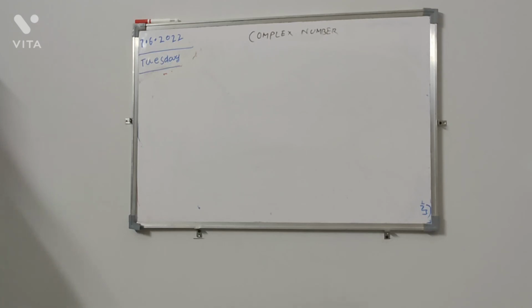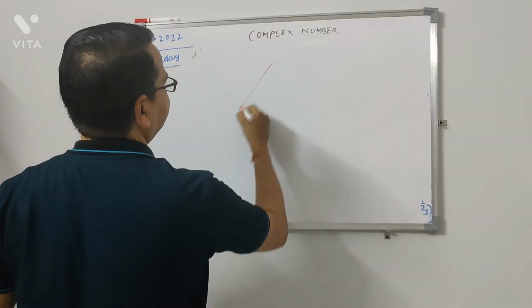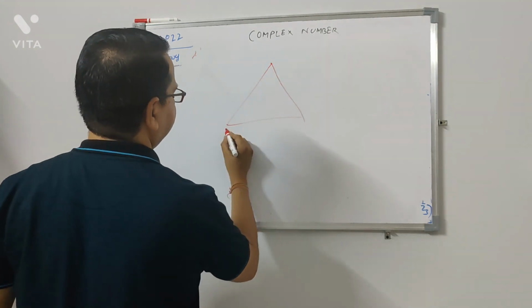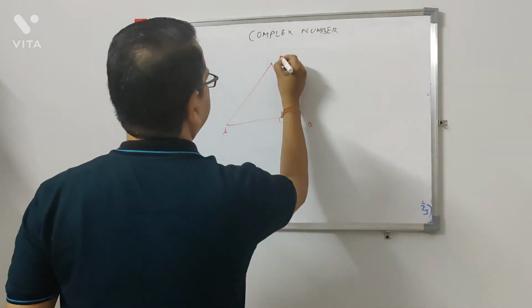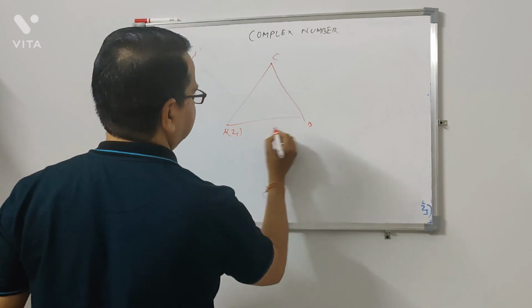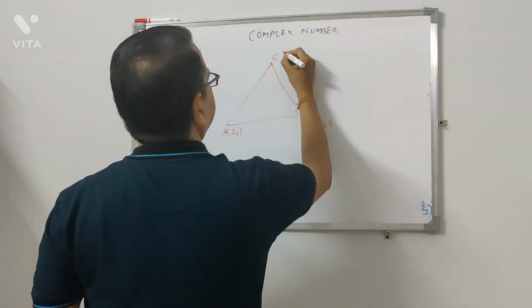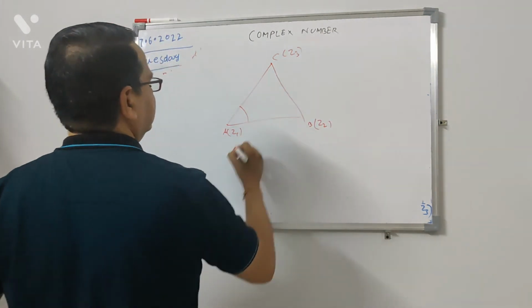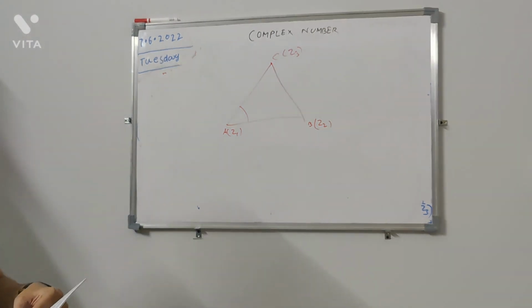So let us say this is my triangle, this is A, this is B, this is C, this is Z1, this is Z2, this is Z3, and then this is my angle alpha.